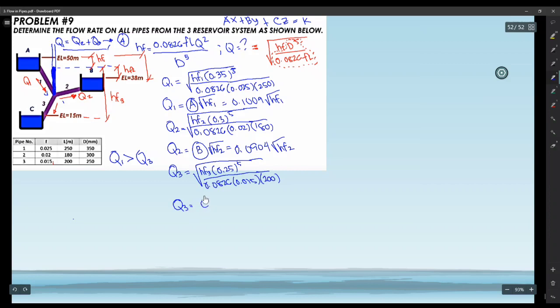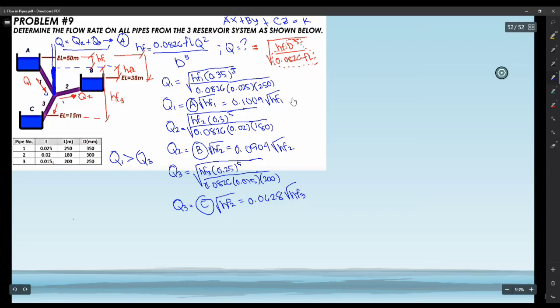So, yung Q3 natin, tago ko to sa C. The square root of HF3. Square root of 0.25 raised to 5 by 0.0826 divided by 0.015 divided by 200. So, 0.0628 square root of HF3.